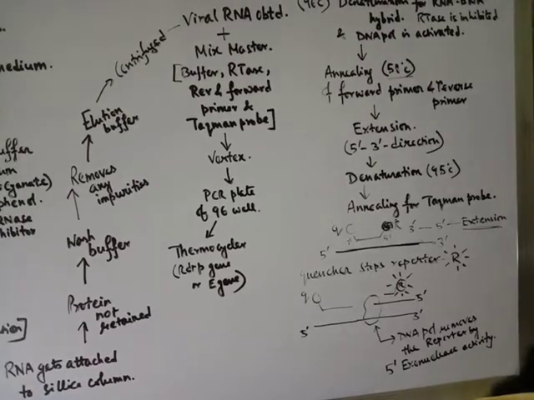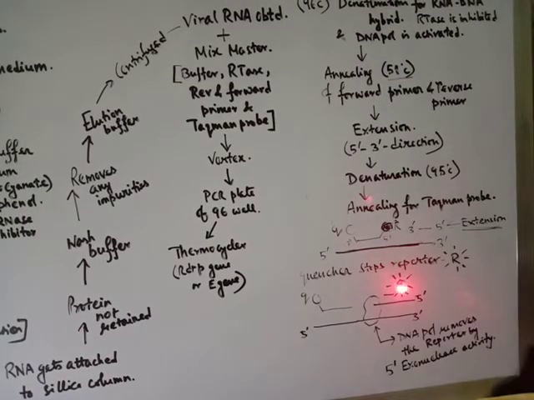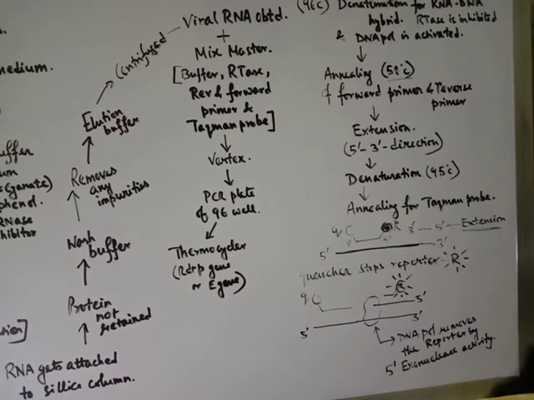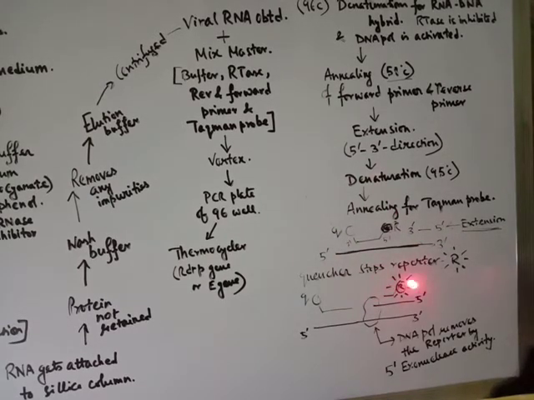Okay, so every time a reporter molecule is cleaved out because of the binding of the TaqMan probe to the specific part of the DNA, a reporter is freed, and this reporter serves as a signal, the digital data in the computer, for the presence of the viral RNA in the nasopharyngeal swab.